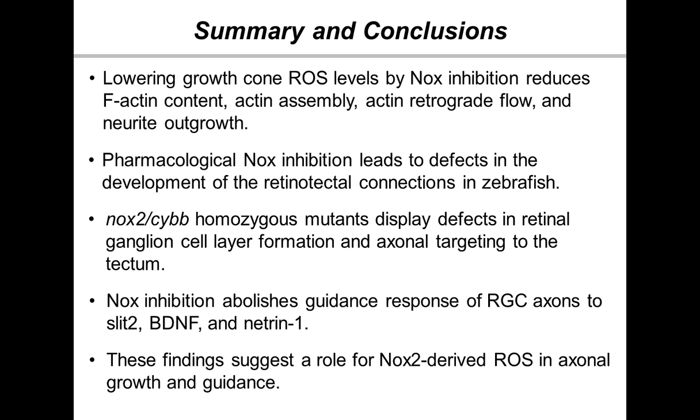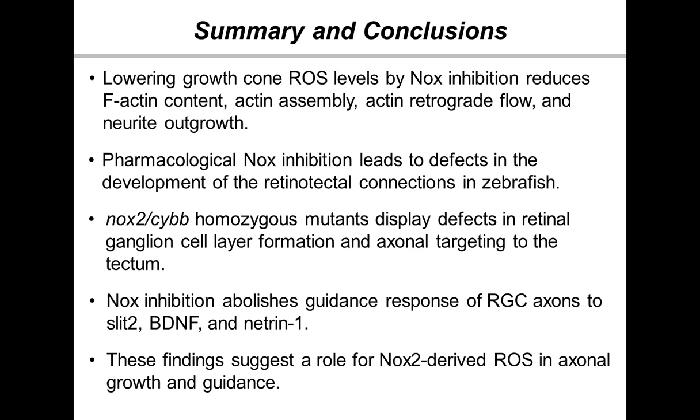I would like to summarize and conclude. First, I showed you that lowering growth cone ROS levels by Nox inhibition reduces F-actin content, but also F-actin dynamics and neurite growth. Then I showed you that pharmacological Nox inhibition in the zebrafish embryo inhibits the development of retinotectal connections, and this can be confirmed with Nox2 homozygous mutants.